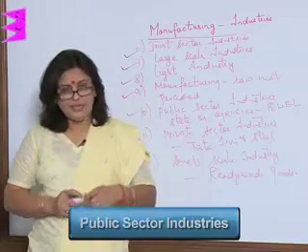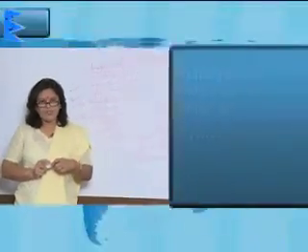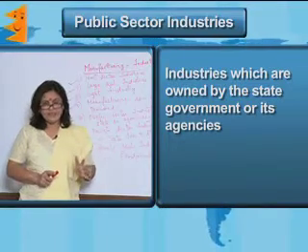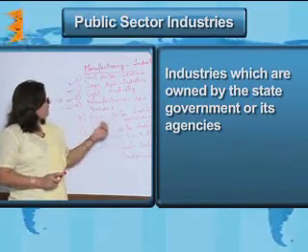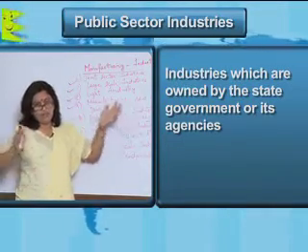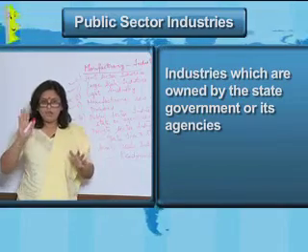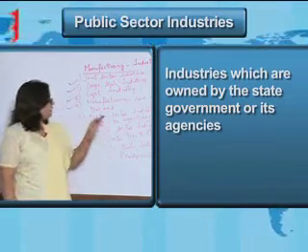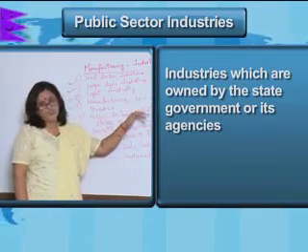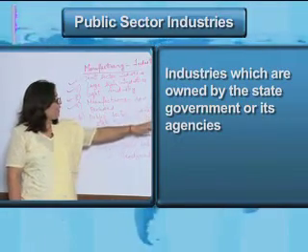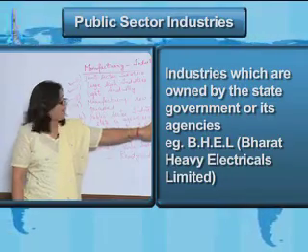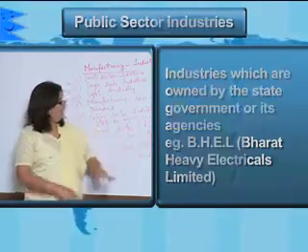Next is public sector industries. Public sector industries are those industries which are owned by the state government or its agencies. Solely the hold is of the government, it is not owned by individuals. The best example that we can give of this is BHEL, that is the Bharat Heavy Electricals Limited.